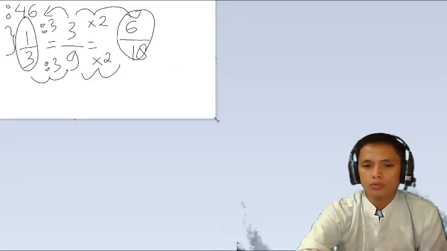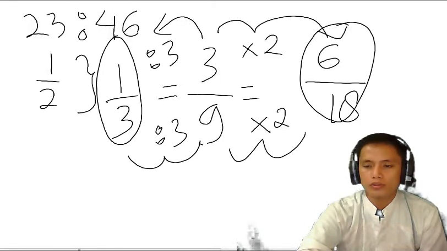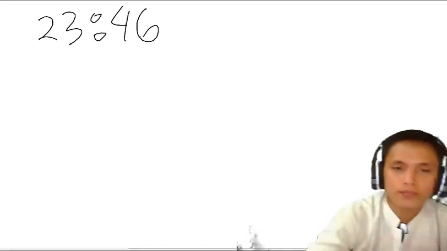So what about the equivalent ratios? It has the same concept. We're going to use multiplication and division to find the equivalent of the ratios. So as I wrote before, 23 to 46.